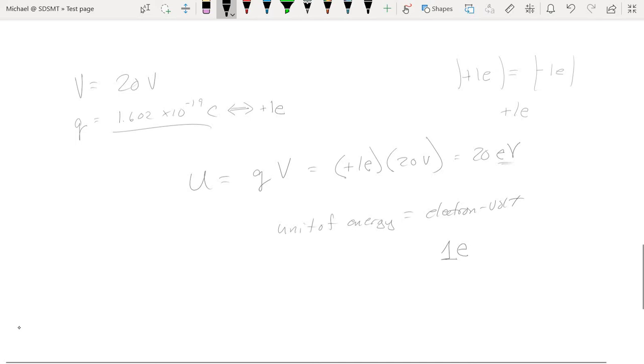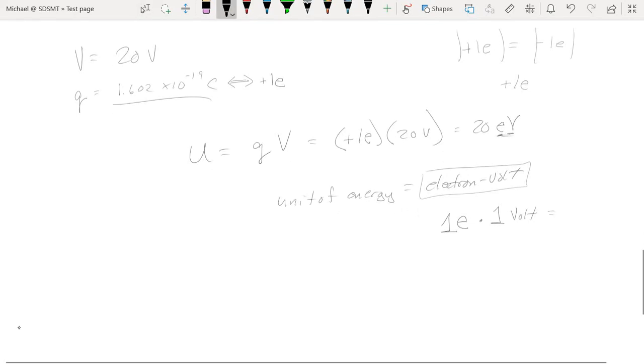And so we have the magnitude of one, maybe elementary charge would be better, but that doesn't change the name of the unit. We still call it an electron volt. Or if you're more comfortable, you can just call it an eV, and people will know what you're talking about. So we have 1 elementary charge times 1 volt equals 1 eV.